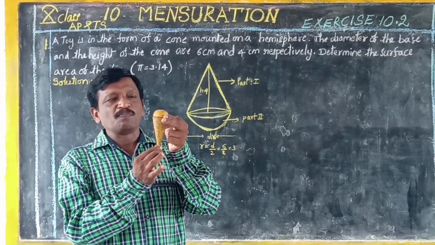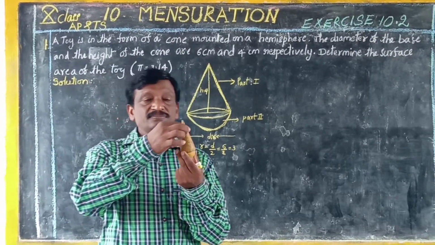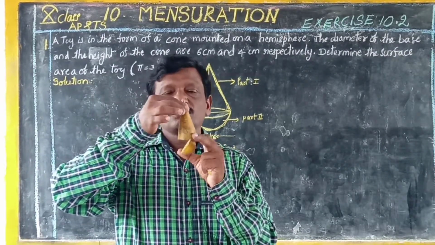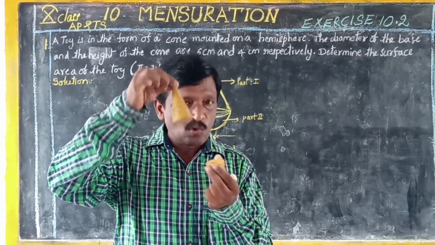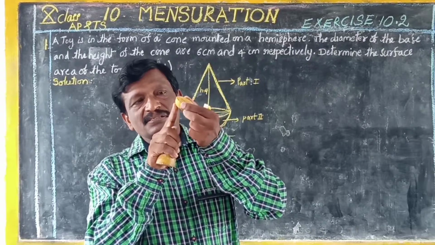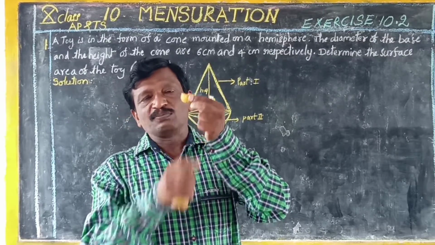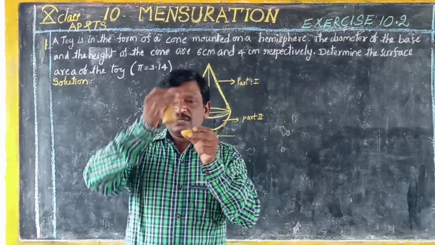Now, this is part 1, the cone. Part 2 is the hemisphere. We will find the lateral surface area of the cone and the lateral surface area of the hemisphere.